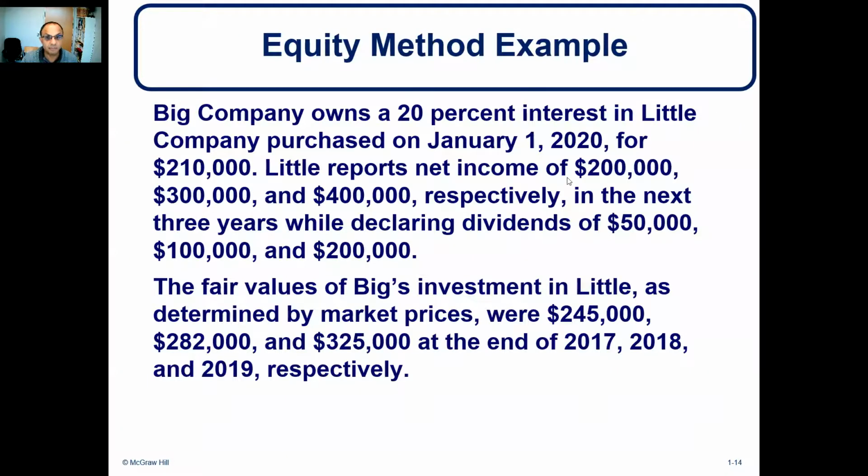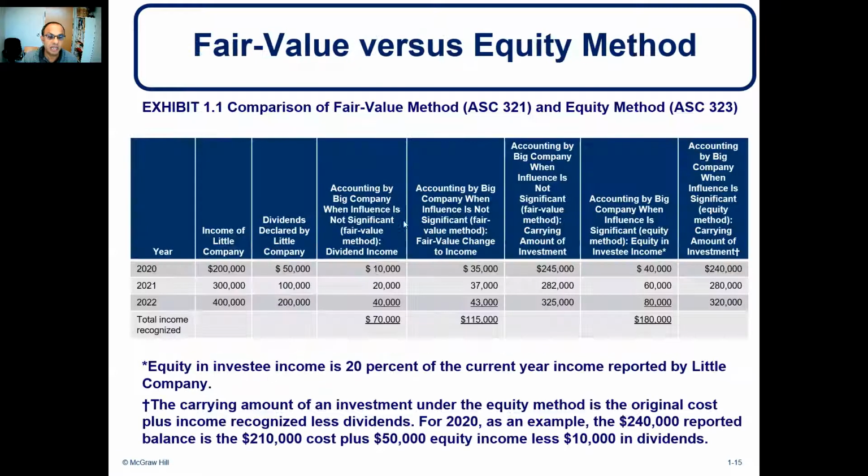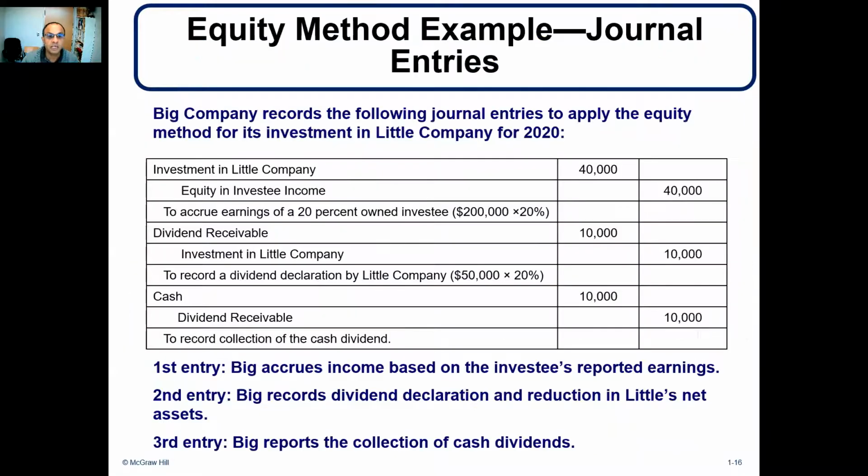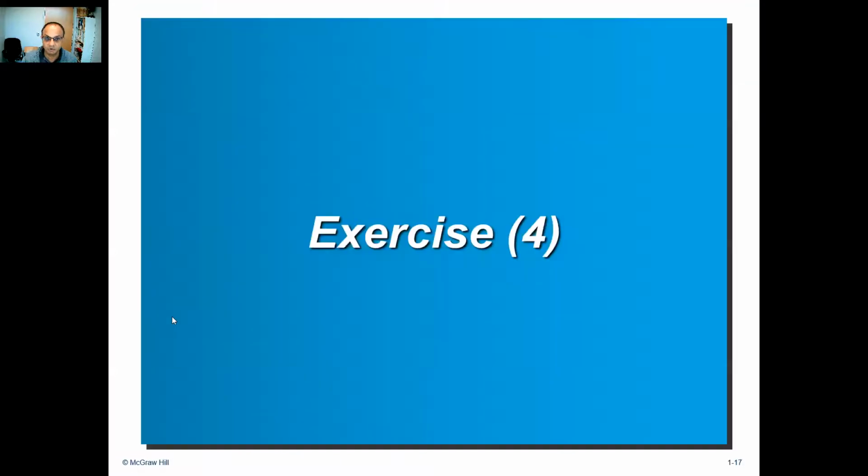We take the amount 210 plus the income 40, 250 minus 10, we get 240. And in the next year there is going to be the increase and so on. Now, here are the journal entries as we did in the prior examples. You debit investment, credit equity, debit dividends receivable, credit investment, and then debit cash, credit dividends receivable.